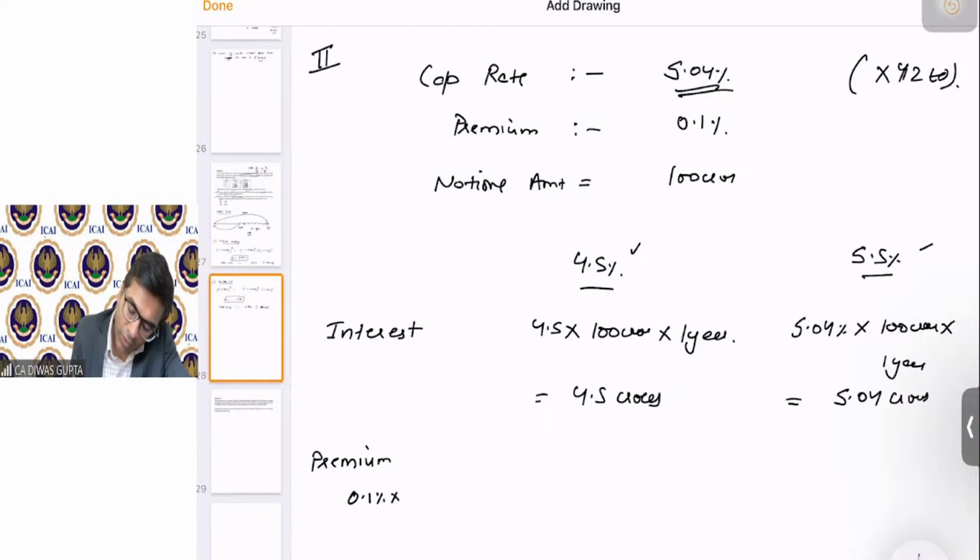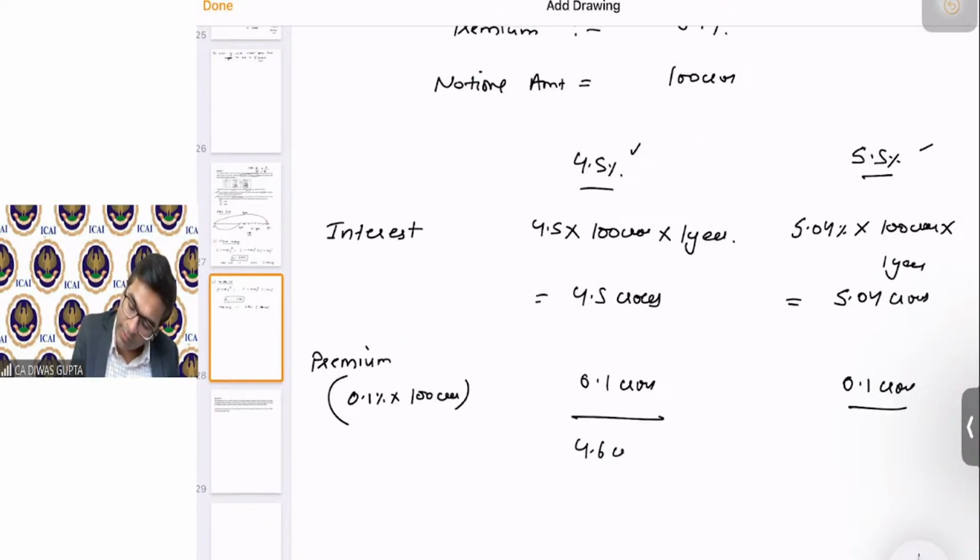0.1 percentage on 100 crores. Correct? 100 into 0.1 percentage. So this is 0.1 CR. This is also 0.1 CR. So the total becomes 4.6 crores in this case, and here it is 5.14 crores.